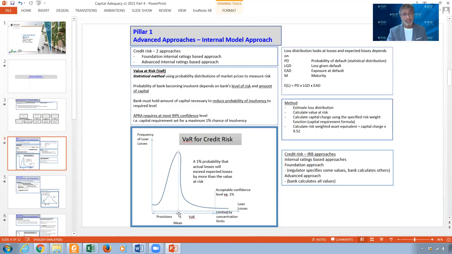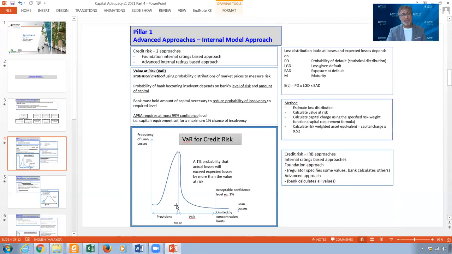But from here to 99%, if you are taking confidence for 99%, all of this is actually the capital you need. So if this is 15% here, now part of it is covered by the provisions.